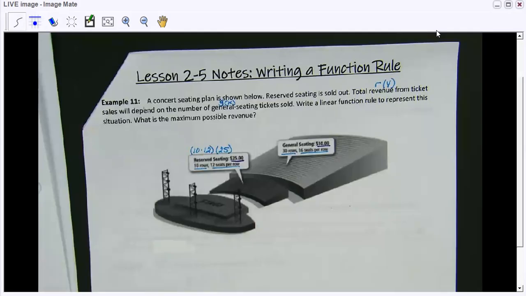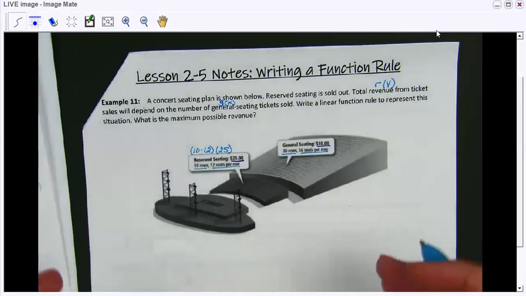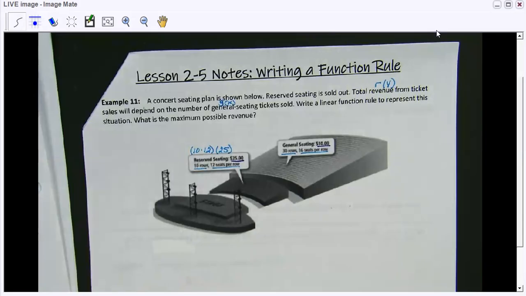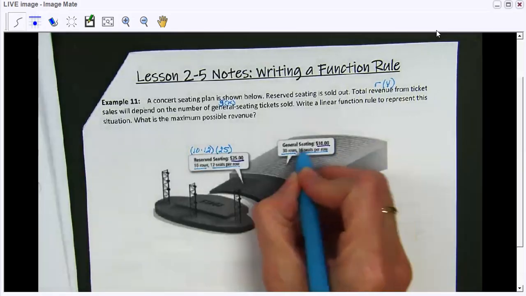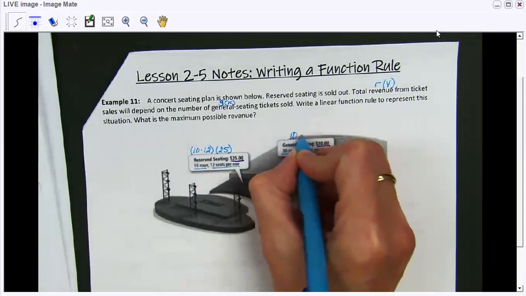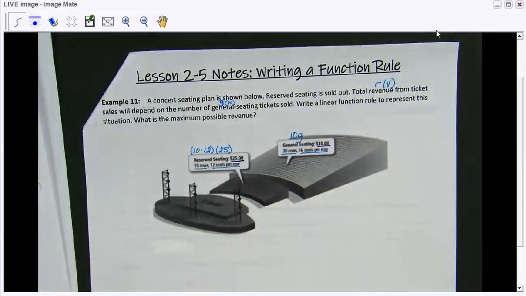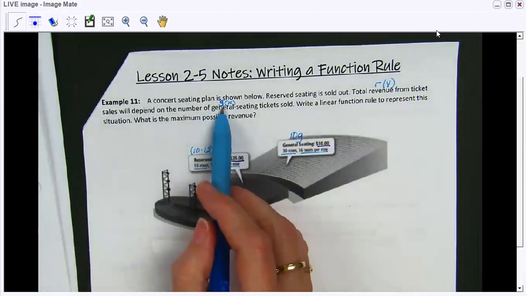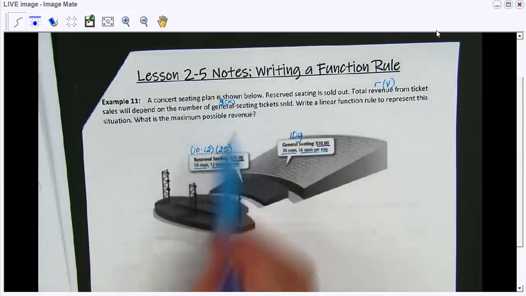So they want us to come up with an equation that would represent this, and then later on figure out how much revenue they made based on the number of seats. So in this case, since we don't know how many of these seats were sold, we're going to represent this by 10G. Okay, for general, we chose G for general seating up here.